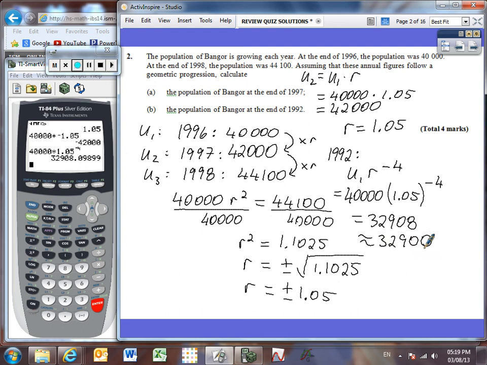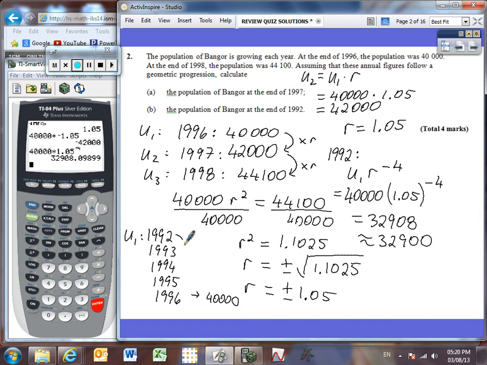Another approach you could have taken to solving this problem would have been to reset your U1 term as 1992. Let's see, that would mean that 1996, let's just think about this then, 1992, 1993, 1994, 1995, and then 1996, we know that we've got 40,000 people.